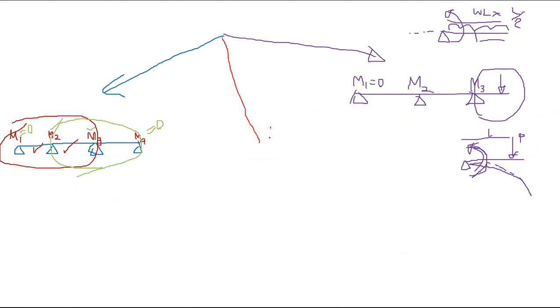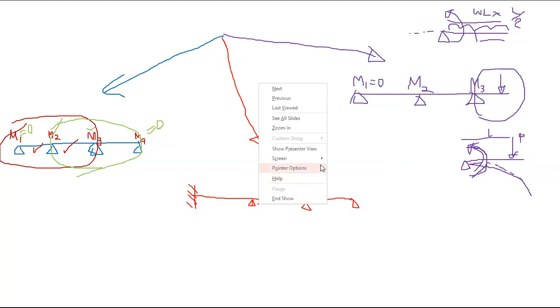Then the special case, if you have a fixed support. So what can you do? Imagine these are your supports and there's a fixed support. At the fixed support, what we do is we take an imaginary span that we copy, this span only.